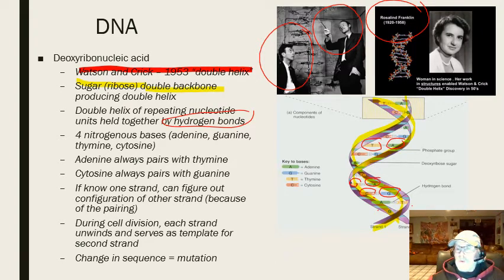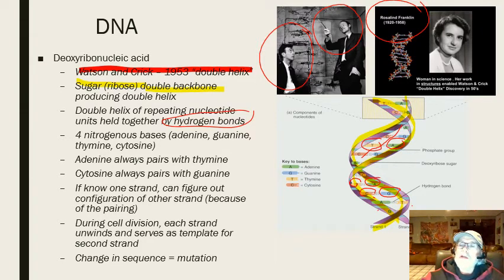If I know one strand of that, if I remove one of the ribose sugars and the nitrogenous base, or the nucleotide that's attached to that, I know what the other side will be, that side that's removed. Why? Because adenine always pairs with thymine. So let's say I cut this thing right down the middle of these hydrogen bonds right there.